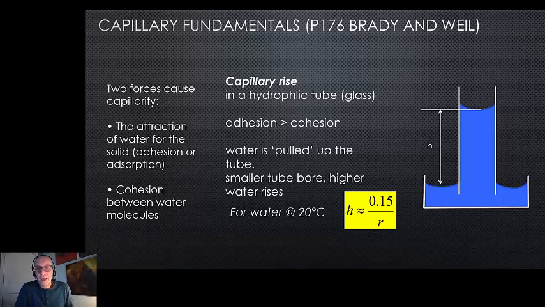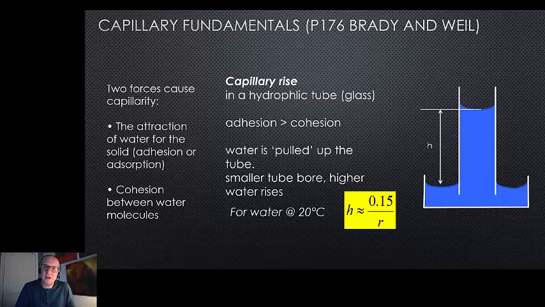And where we have adhesion that is greater than cohesion, so the attraction of the water molecules for the sides of the tube, in this case you could imagine it as a glass tube, and where that is greater than cohesion, the water is pulled up inside the tube. The smaller the tube bore, the higher the water rises.